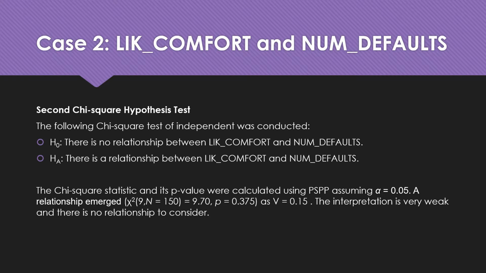The 9 again is the degrees of freedom. The N value in this case is still 150 cases. The chi-square value is 9.70. The p-value is equal to 0.375, and the Cramer's V value is 0.15. Again, we could say that there is a very weak relationship between the Likert comfort level and the number of defaults.